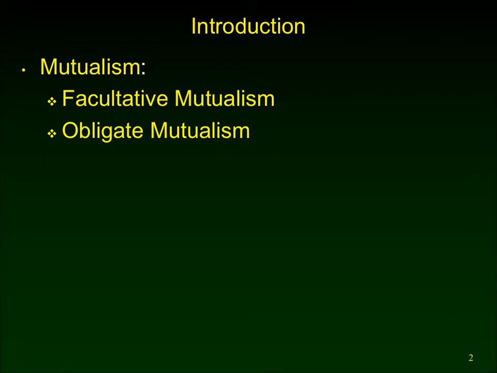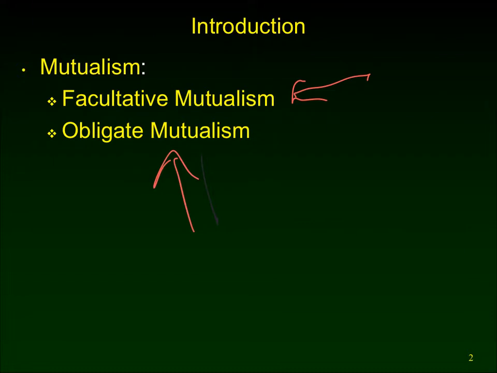A good example of this one would be a lichen. So you have a fungus and an alga, and often you'll never find them without each other. In a facultative mutualism, the organisms can live without their mutualistic partner.